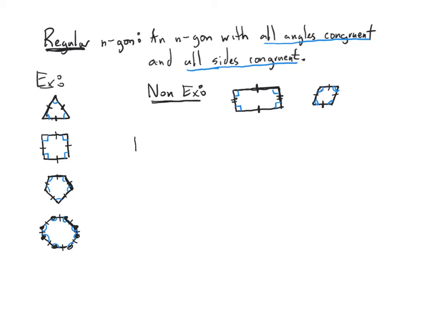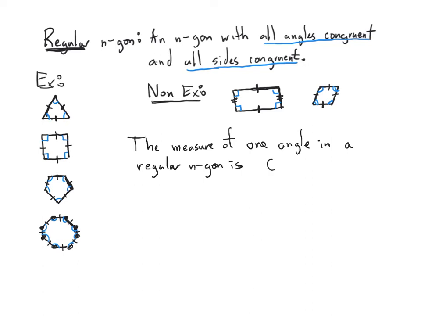Okay, so the measure of one angle in a regular N-Gon is the following. Well, we know the sum is n minus 2 times 180.